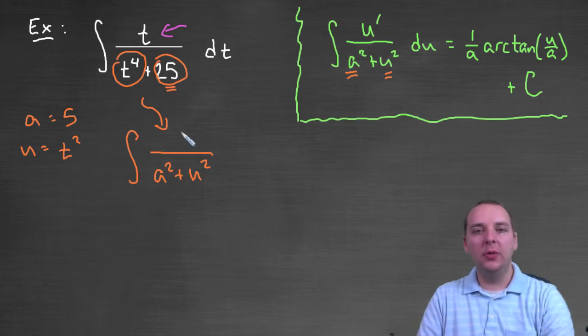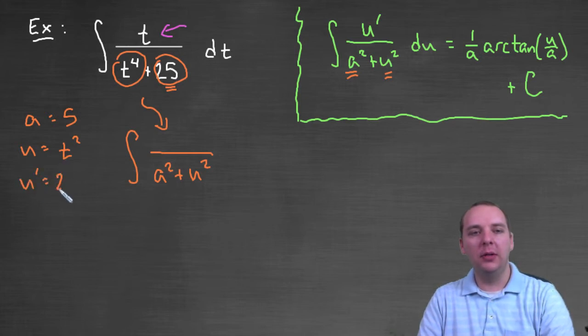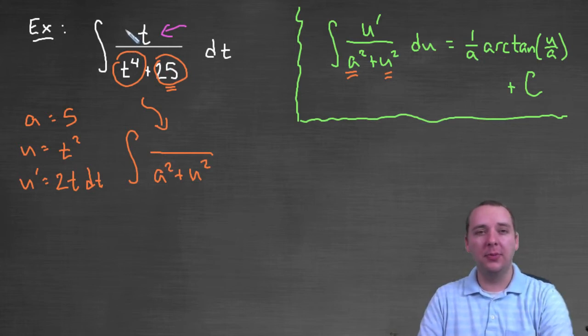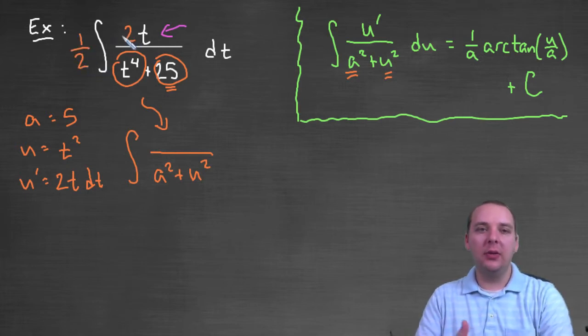Now what goes in the numerator though? It should be u prime. So if u is t squared, then u prime would be 2t dt. Now I've got a t dt, but I need a 2t dt. So what I'll do is, this is a very common trick, you probably remember this from Calc 1, very often we will insert a constant of some kind, and then we will balance it on the outside with the reciprocal of that constant, so that we haven't changed the expression, we haven't changed the integral.